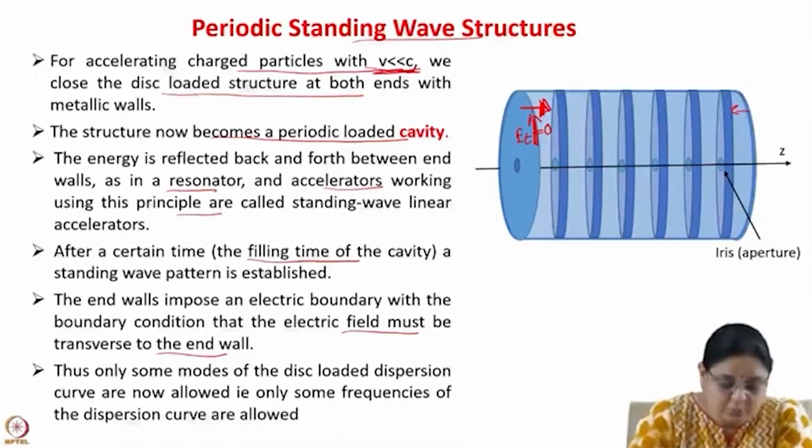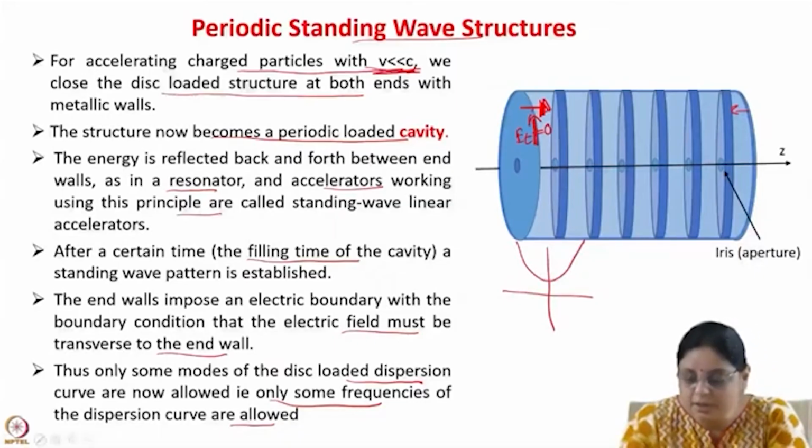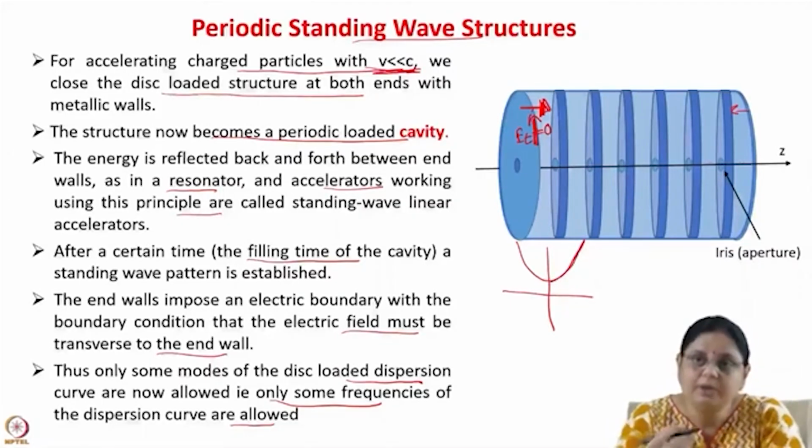So only some modes of the disk loaded dispersion curve are now allowed, and only some frequencies of the dispersion curve are allowed. Okay, so earlier the dispersion curve was continuous like this. Now all these modes will not be allowed. Only certain frequencies will be allowed. Okay, this we have already seen when we were studying waveguides and cavities.